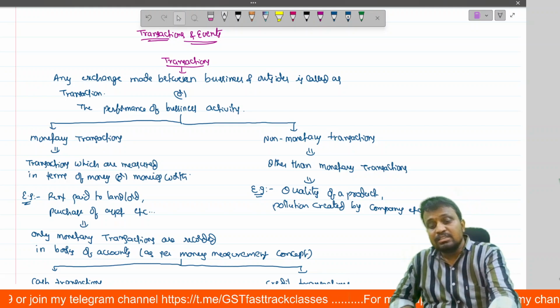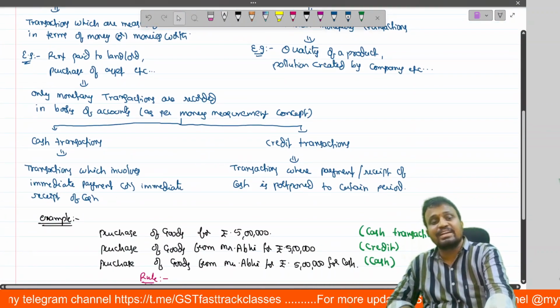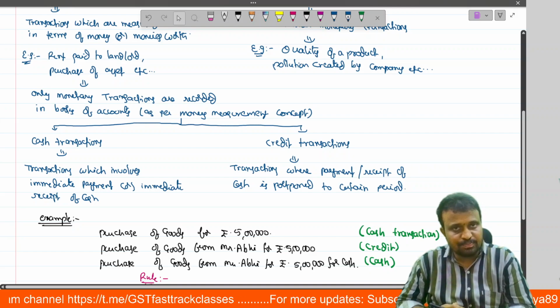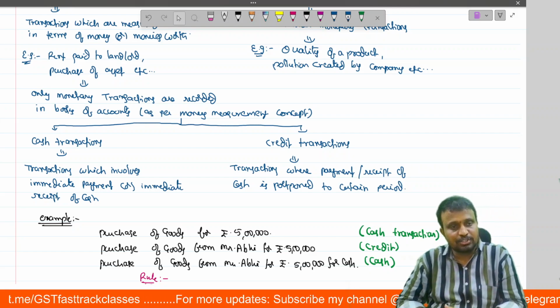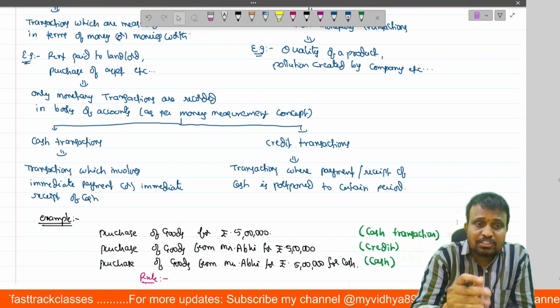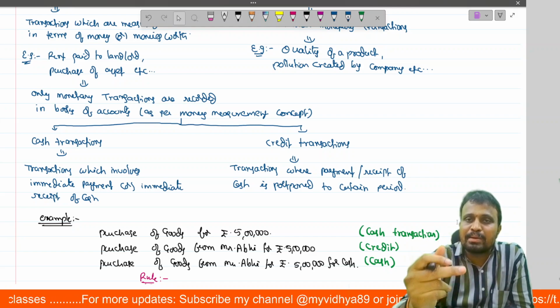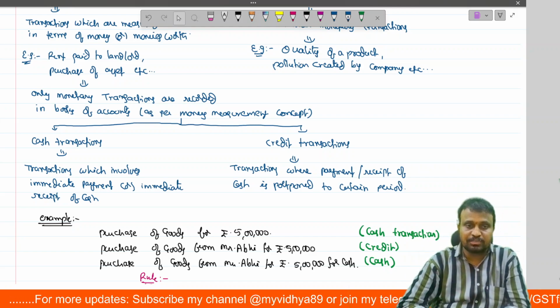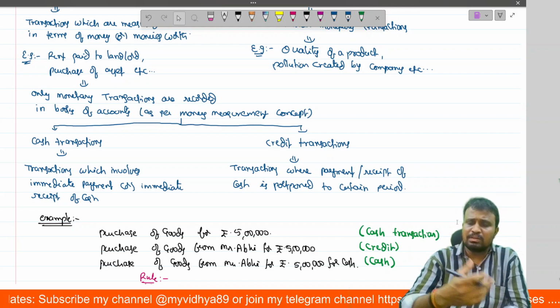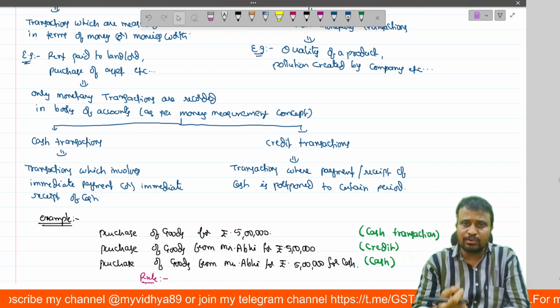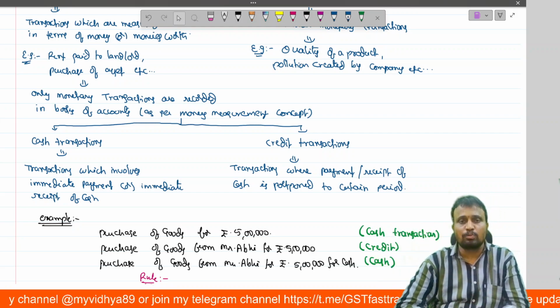These monetary transactions are again classified into two types: one is the cash transaction, another is the credit transaction. The transactions which involve immediate payment or immediate receipt of cash are called cash transactions. For example, you go to the shop, purchase the products you require, and pay the cash to the shopkeeper.